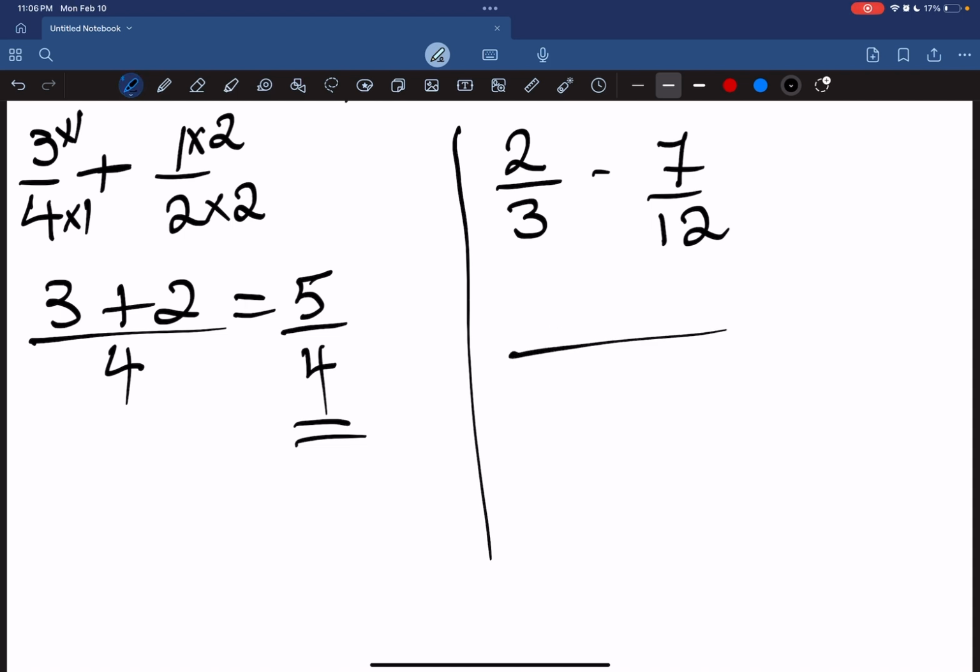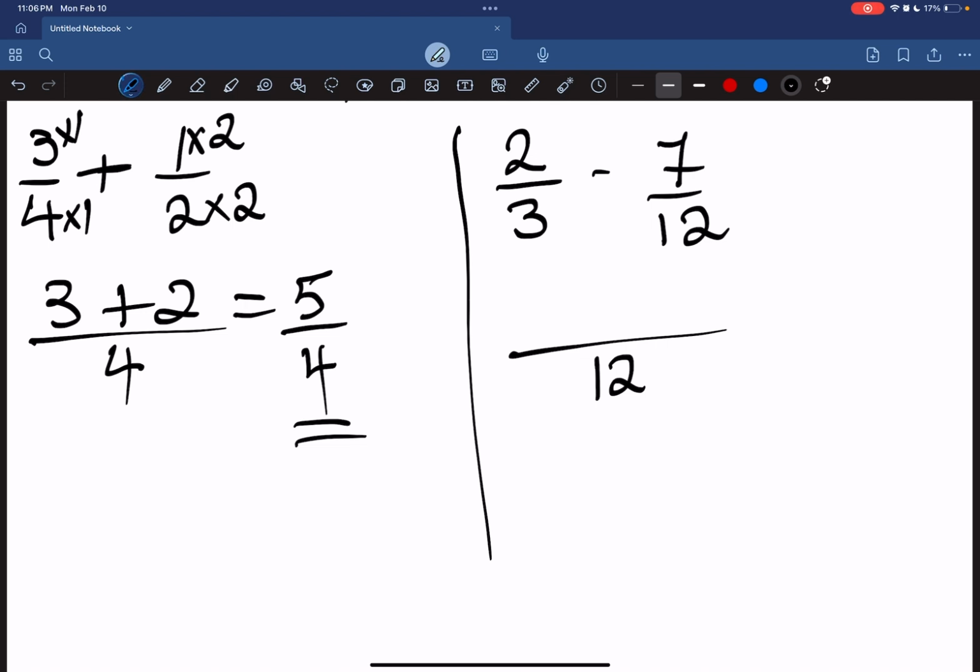Two-step rule: try to see if the lowest number can go into the largest number. If it cannot, just multiply both of them together. Here, the smallest number can go into the largest number. 3 can go into 12, going into it 4 times. If you don't know that, use a calculator and test: 12 divided by 3. See if you get a whole number. If I get a decimal, that means it cannot go into it. So the LCM would be 12.